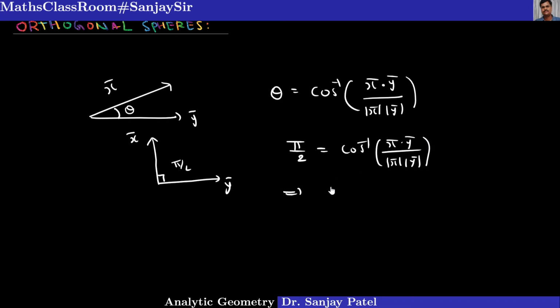That gives x bar dot y bar is equal to 0, because taking cos on this side, cos pi by 2 is 0, so we get x dot y equal to 0. So if two vectors are orthogonal, then the dot product is 0. That follows from this simple definition of the angle between two vectors.